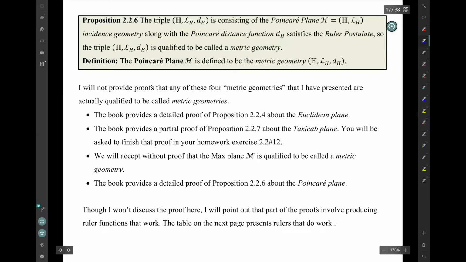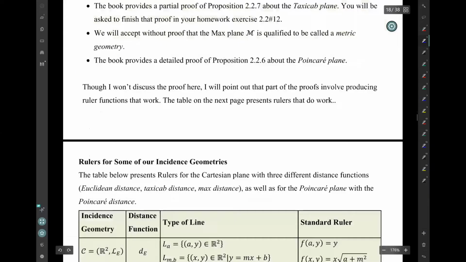So even though I won't discuss the proof, I'll point out that part of the proofs involve producing ruler functions that work. If you want to say that something is a metric geometry, you've got to come up with, for any given line, an example of a ruler function for that line. Well, the table on the next page presents rulers that do work.